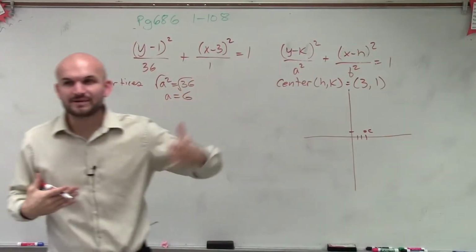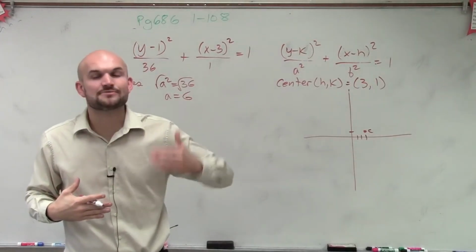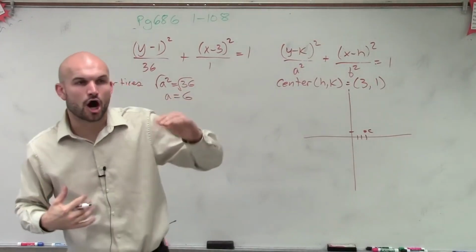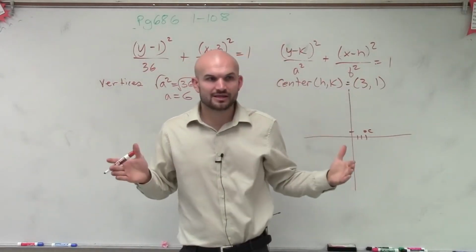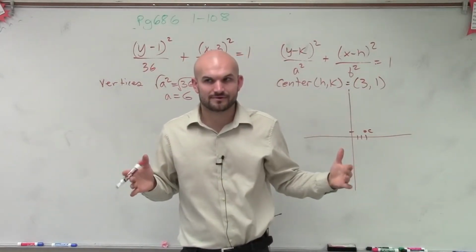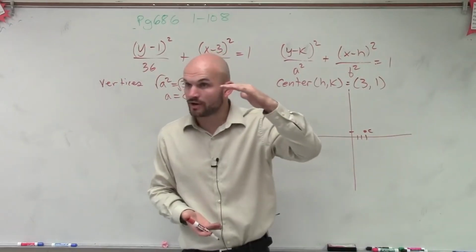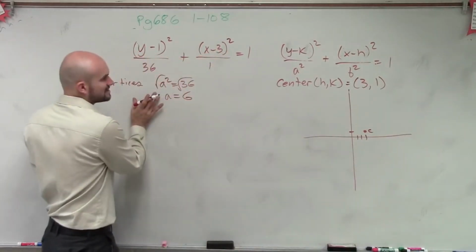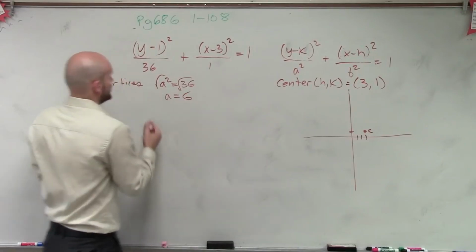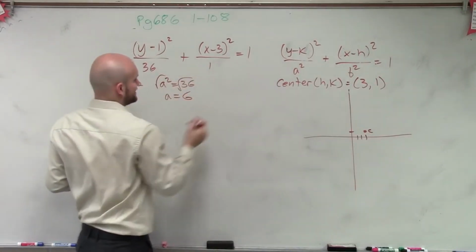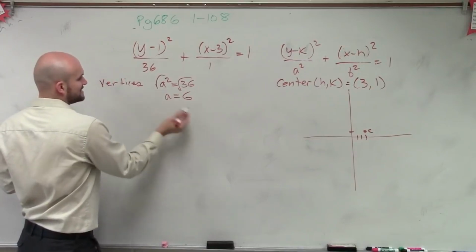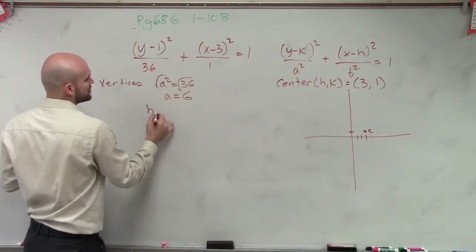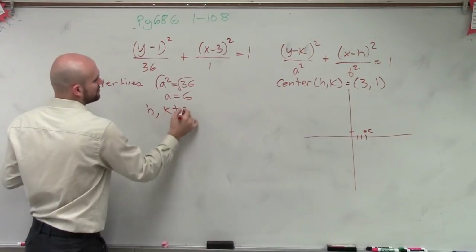Since this is a vertical ellipse, are my vertices going to be above and below the center, or to the left and right? Above and below. So your vertices take a general form of h comma k plus or minus a.